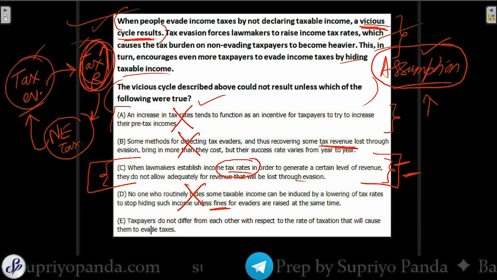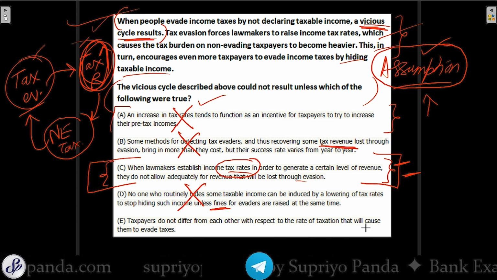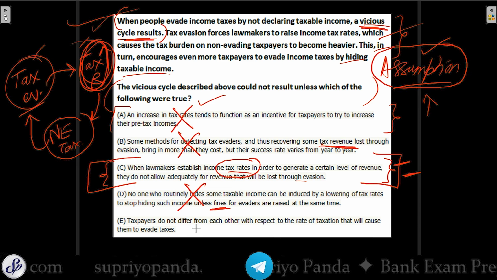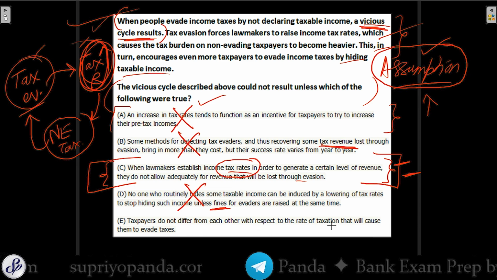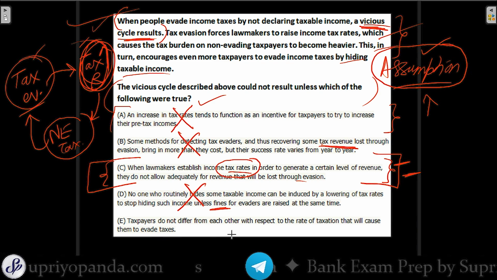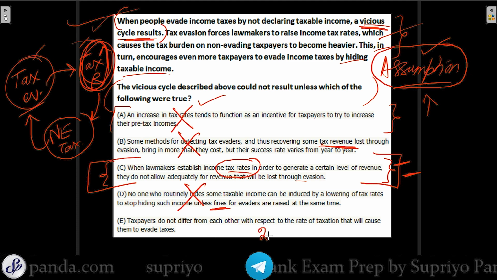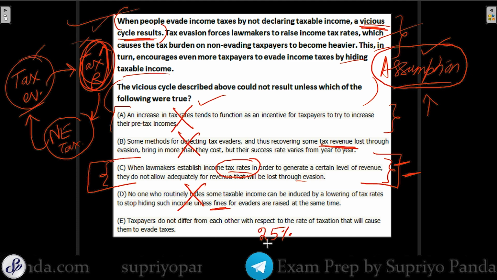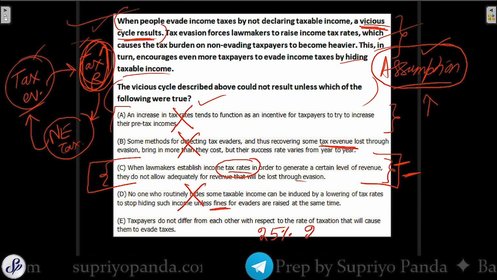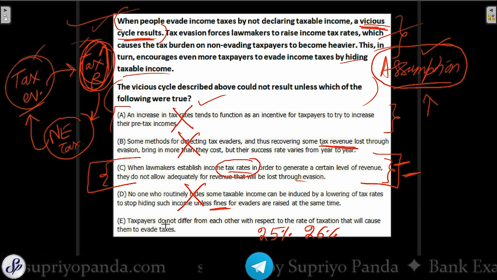Now the E: taxpayers do not differ from each other with respect to the rate of taxation that will cause them to evade taxes. So if they do not differ with respect to the rate of taxation, what will happen? This does not actually create a cycle. Why does this not create a cycle? Because see, if somebody says that okay, at 25% tax we are all going to give all our taxes, and whenever it goes to 26%, then nobody is going to give the tax, because everybody does not differ from each other.